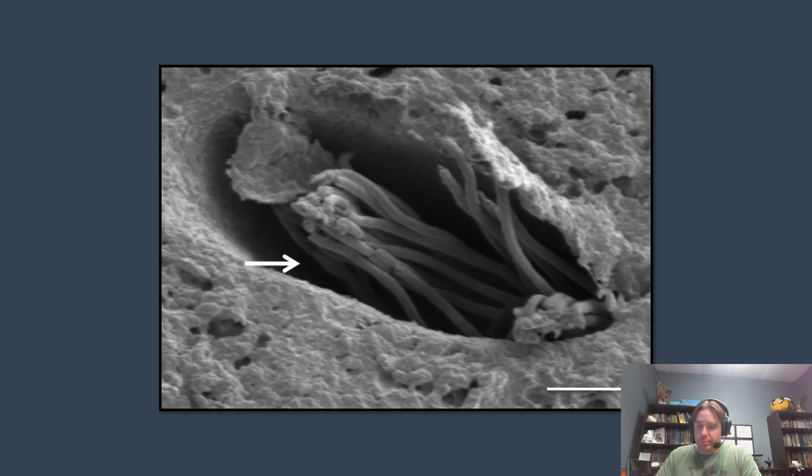It's from a paper that's cited at the beginning of this PowerPoint. You can see the sperm sitting inside of a tubule in this picture. They have to sit and wait until certain chemical signals, which may include things like the pH of the oviduct, which will change during ovulation.